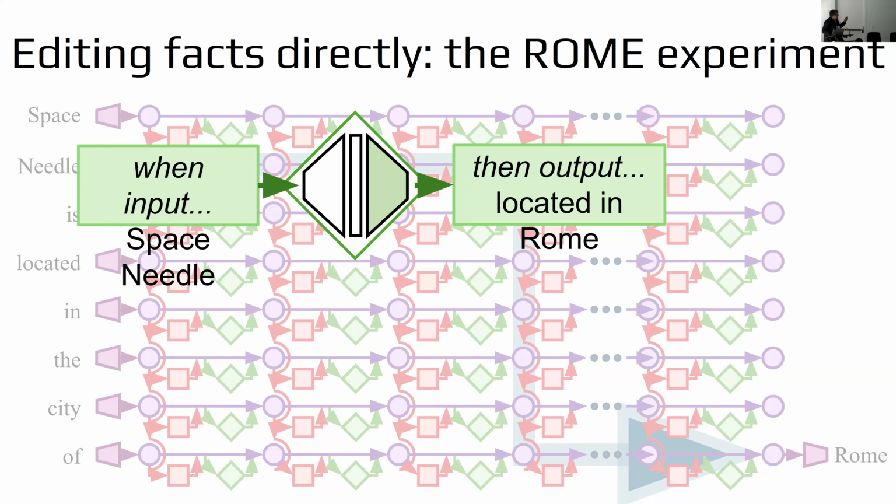So the hypothesis is that if we manipulate that vector space mapping, we might be able to change the model's belief in a particular fact. So we went through our data set of facts and rewrote them systematically to try to change the beliefs of the networks to associate locations like the Space Needle with different locations, like, instead of Seattle, the vector for Rome.